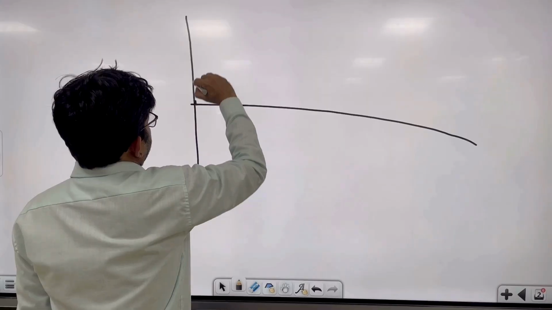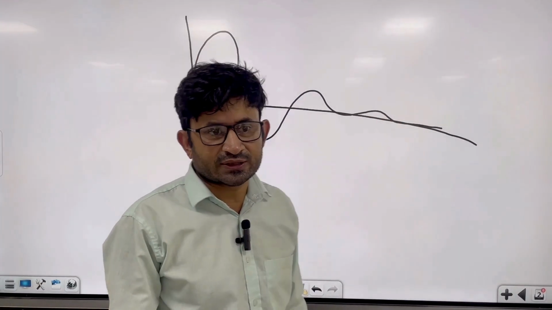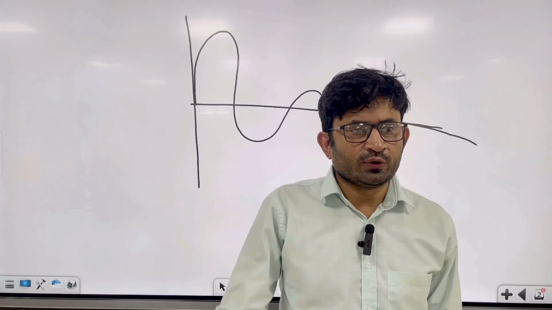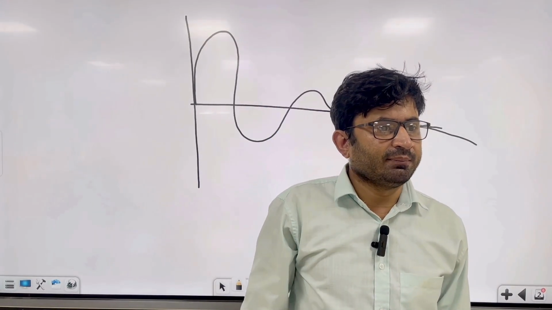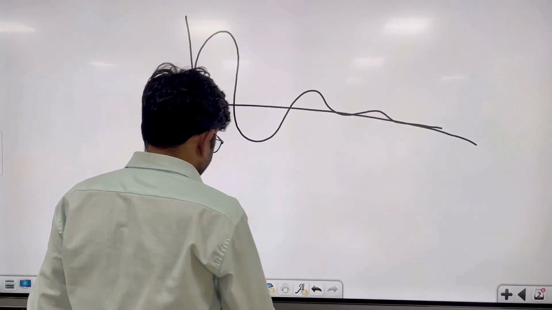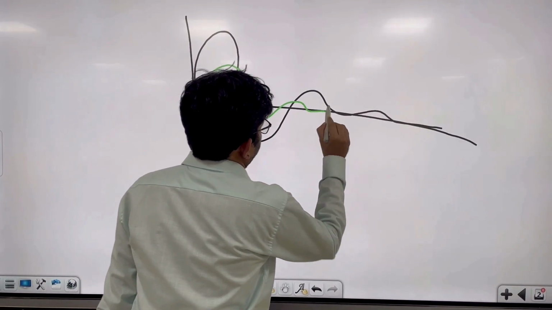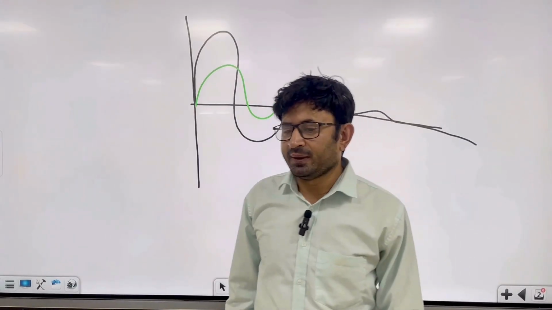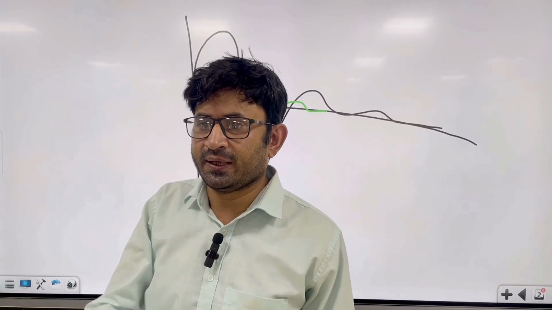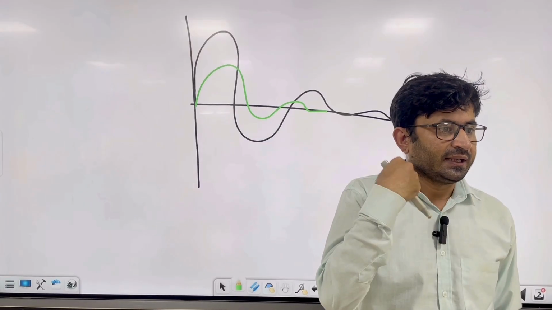It starts like this; that was the natural response case. But when you take the feedback and multiply the gain, the response can be like this. So by taking feedback and multiplying the gain, we are artificially damping.